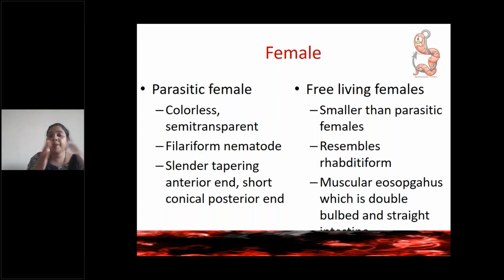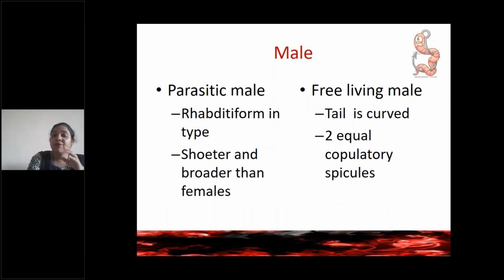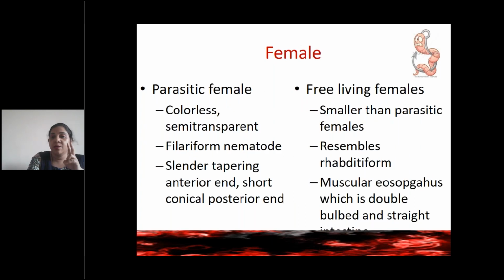Okay, now compare parasitic male and parasitic female. Parasitic males usually resemble rhabditiform larvae morphologically, whereas parasitic females resemble filariform larvae. Okay, next, free-living males: their tail is usually curved and two copulatory spicules will be present.